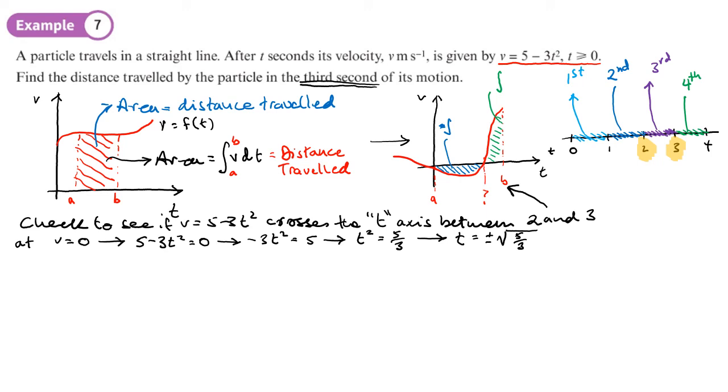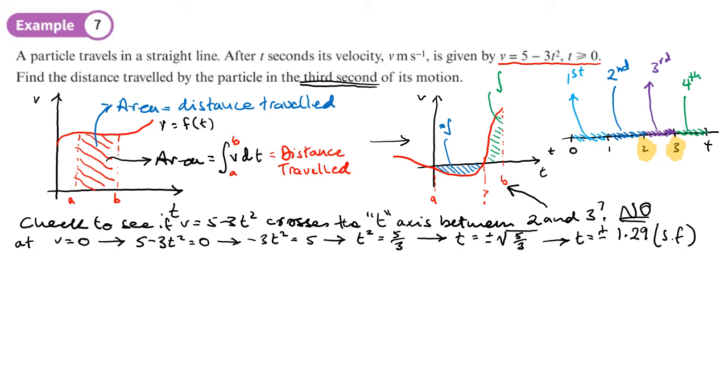So square root 5 over 3, press the SD button. So it's actually either plus or minus 1.29, that's three significant figures. So the answer to my question is no, it doesn't. It actually crosses the axis at 1.29 and negative 1.29, so that's fine.